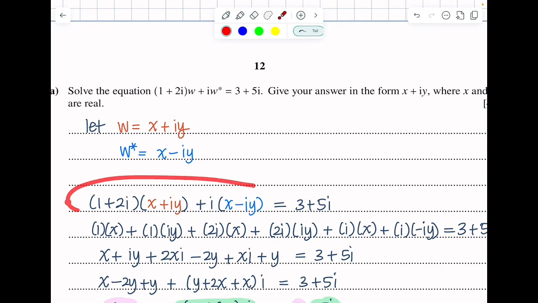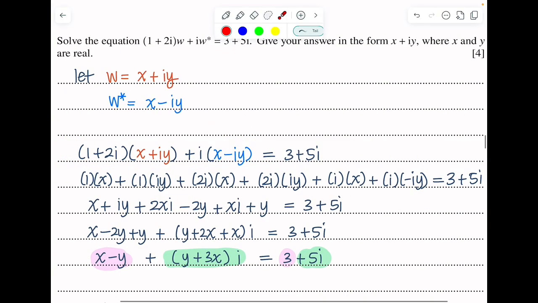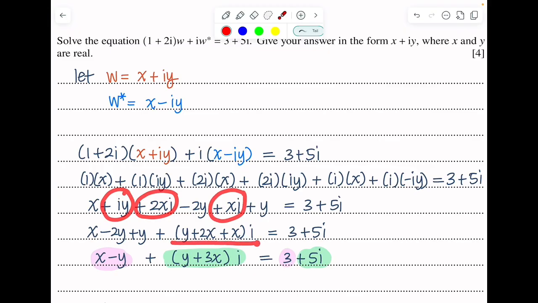Expand the left hand side. Rearrange, real with the real parts and imaginary with the other imaginary parts. So x minus 2y plus y, this is the real part. So iy plus 2xi plus xi becomes the imaginary part.